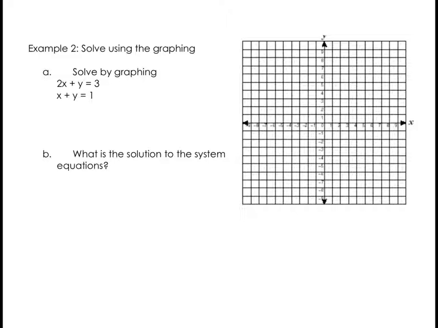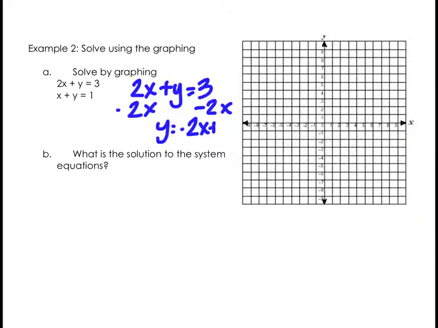Example 2, solve by using the graphing method. If I look at my equations, I see that they are not solved for y right away. So 2x plus y equals 3. I need to subtract 2x from both sides, and I get y equals -2x plus 3. This is now ready to graph.